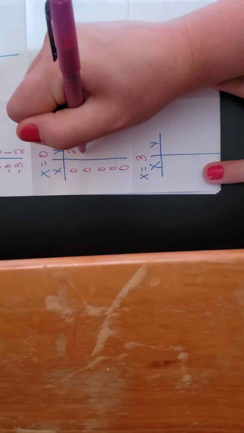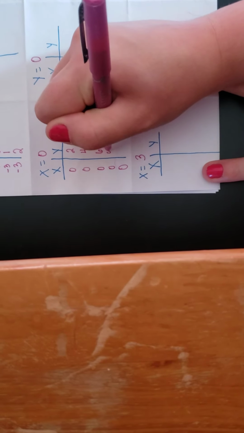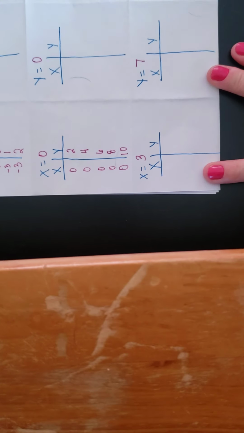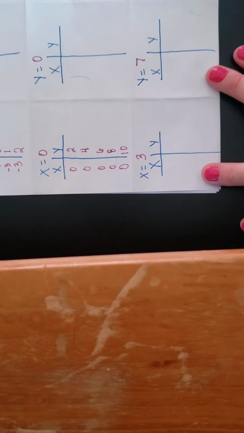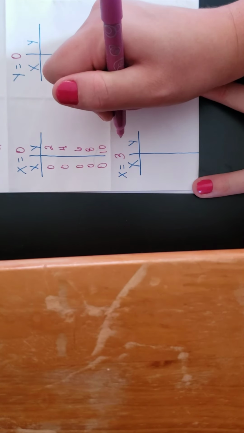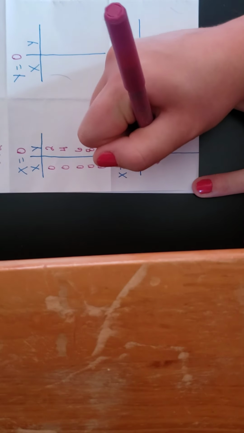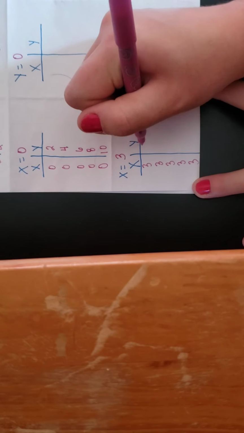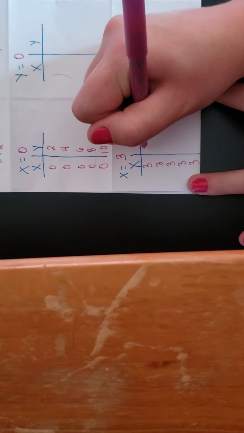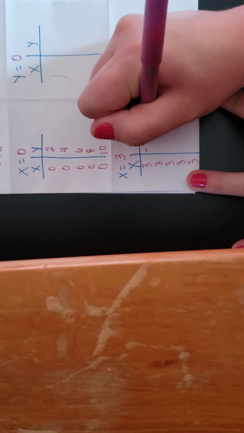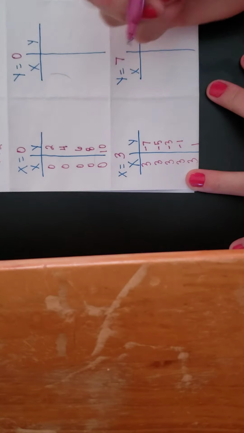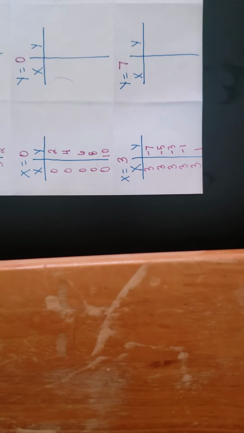I'll do different ones this time so that you can see it really doesn't matter what your y values are because what this says is x will always be 0. And this one says that x will always be 3. So I'm going to do 3, 3, 3, 3, 3. And again, whatever numbers I want. So maybe this time I do -7, -5, -3, -1, +1. I really don't care what those y values are.